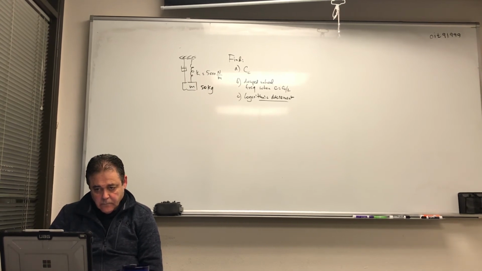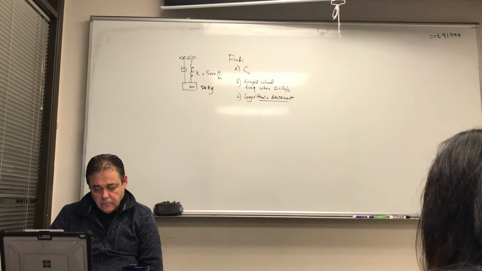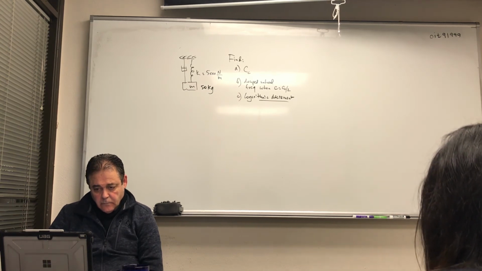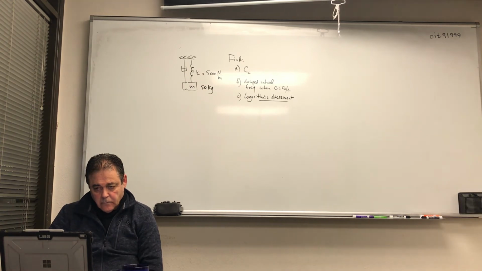I guess it means that when you've got one amplitude and it's damped, the next one is going to be lower, the ratio of the two. Next one is going to be 2 pi 2.5. So that's the ratio.